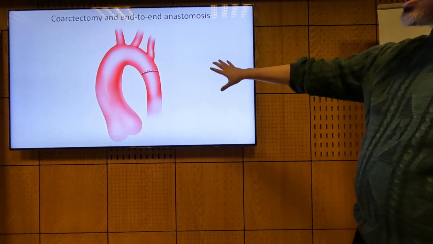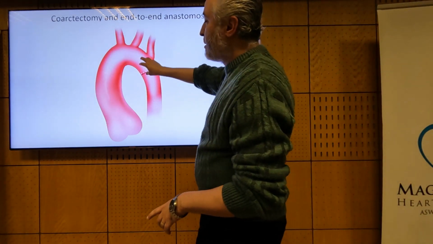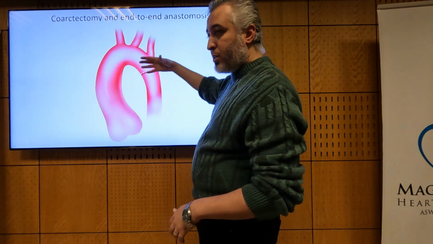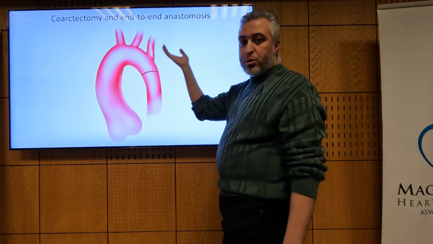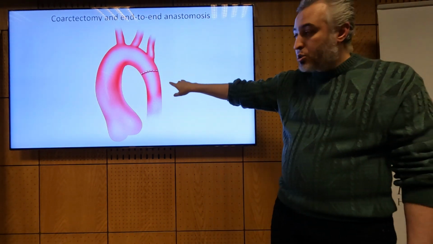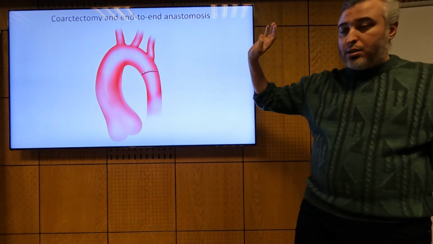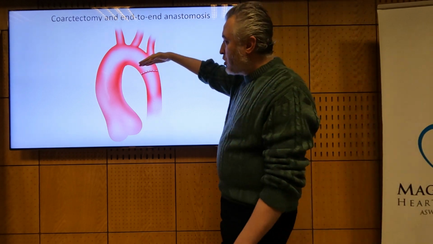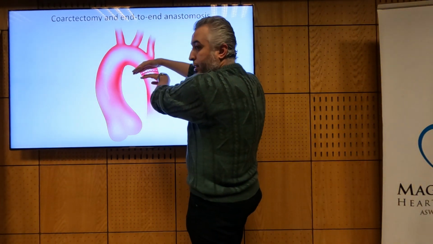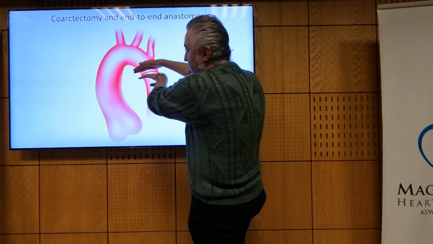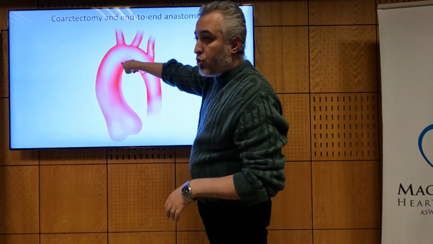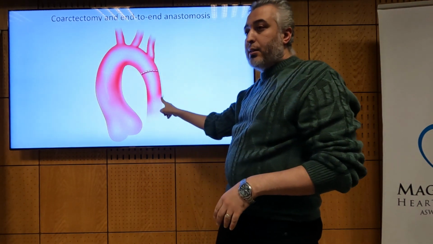So do you remember this coarctectomy with a simple end-to-end anastomosis? So we said this is an easy procedure with a high recurrence rate because of this narrowing. So there's a variation of that where you not just cut across the coarctation segment, you actually extend that incision into the undersurface of the arch and on the opposite side of the descending.